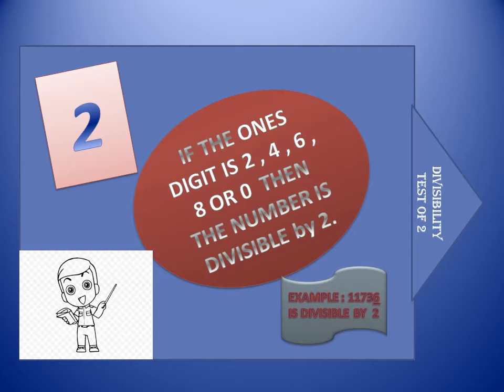Though the number is very huge, we have to check only the digit at the ones place. Which digit comes at the ones place? As you see, it is the number 6. It is divisible by 2. So we say the whole number, that is 11,736, is divisible by 2.